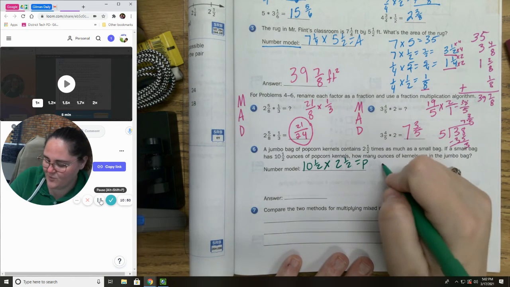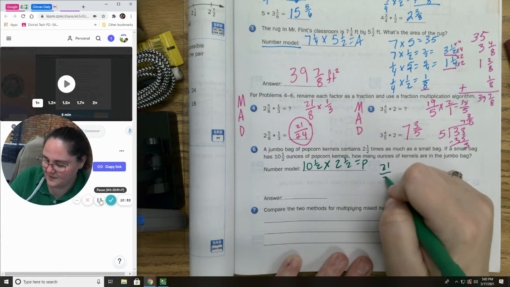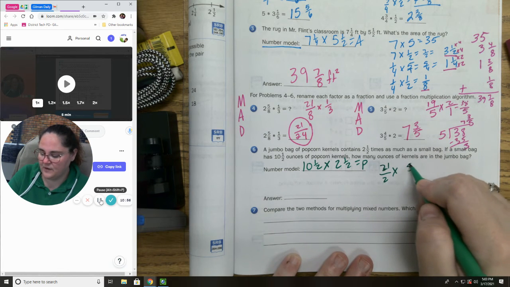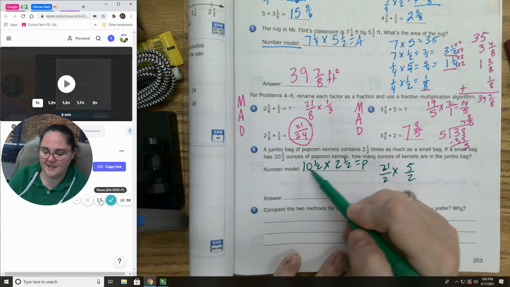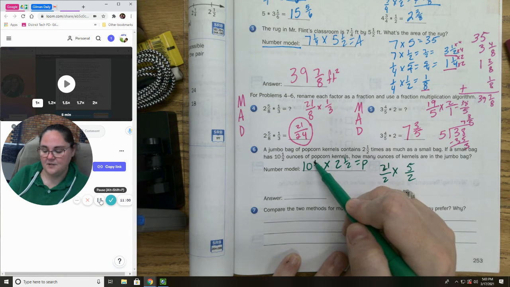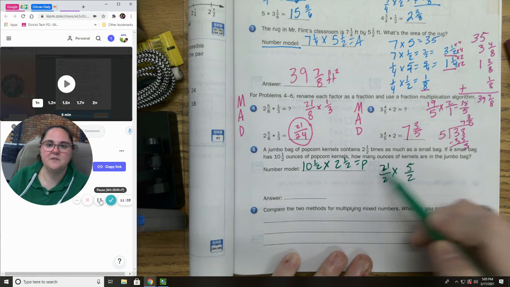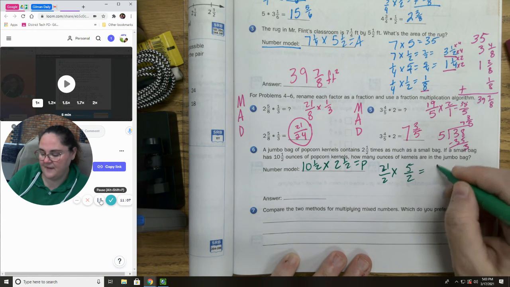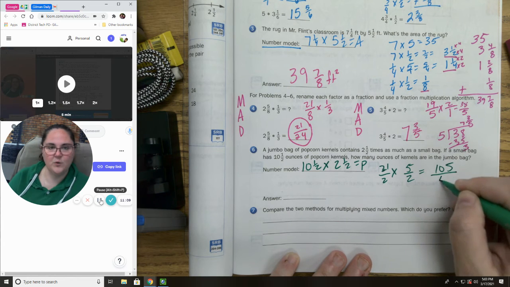All right, here we go. 10.5, that's the same as 21 over 2. 2.5, that is the same as 5 over 2. 2 times 10 is 20, plus 1 is 21. 2 times 2 is 4, plus 1 is 5. That's how I got those numbers. 21 times 5 is 105 over 4.